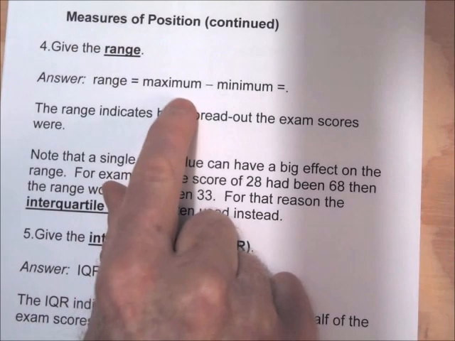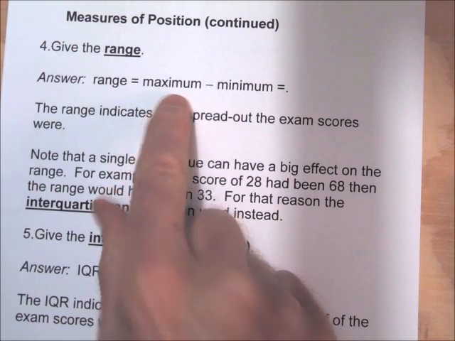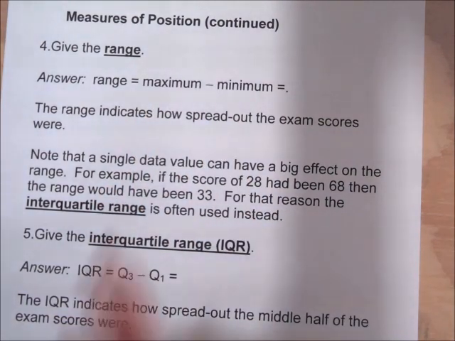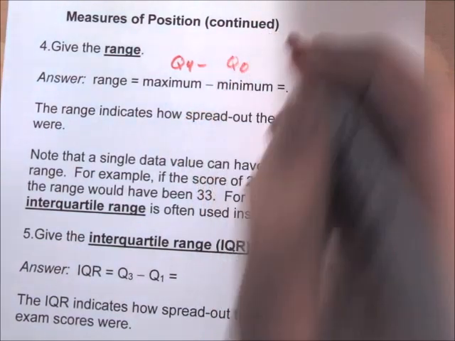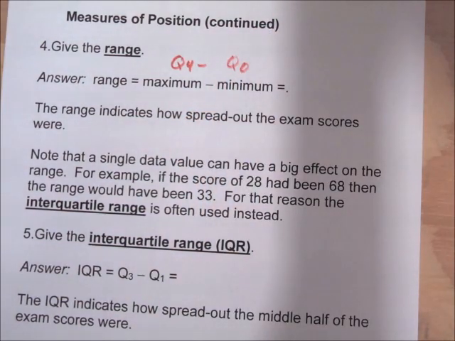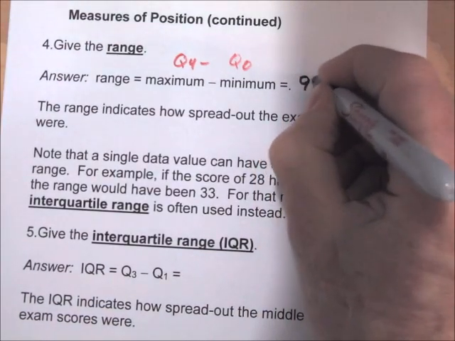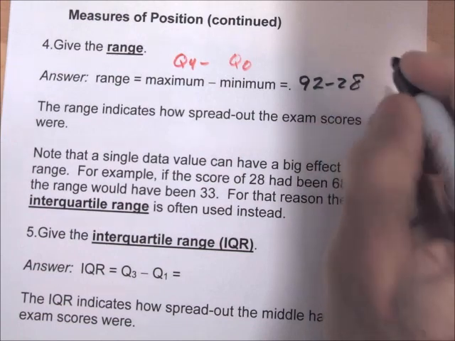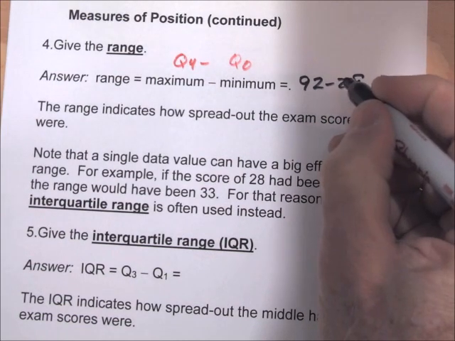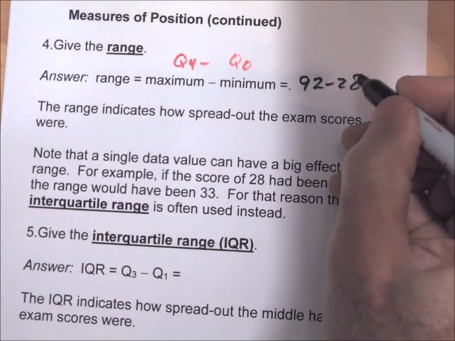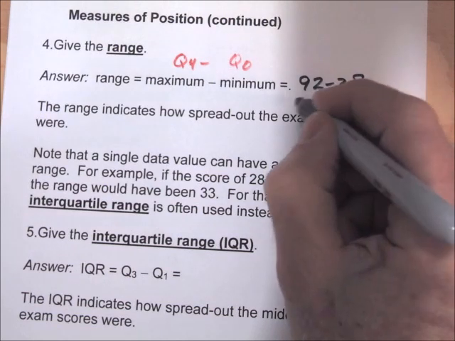The range is the maximum minus the minimum, so it's like Q4 minus Q0. In this case, the maximum score is 92, the minimum is 28. And if you subtract, you get 64.